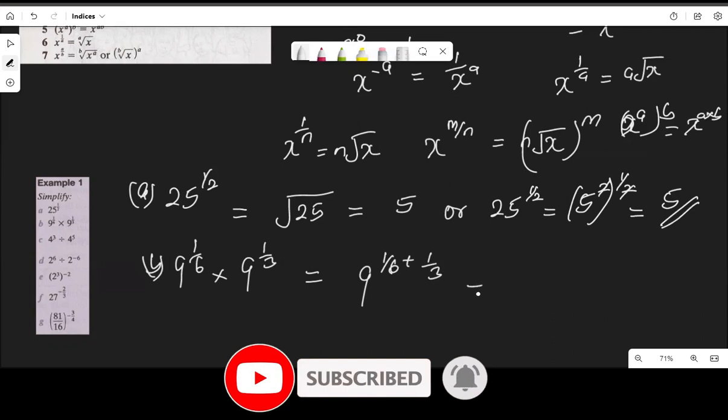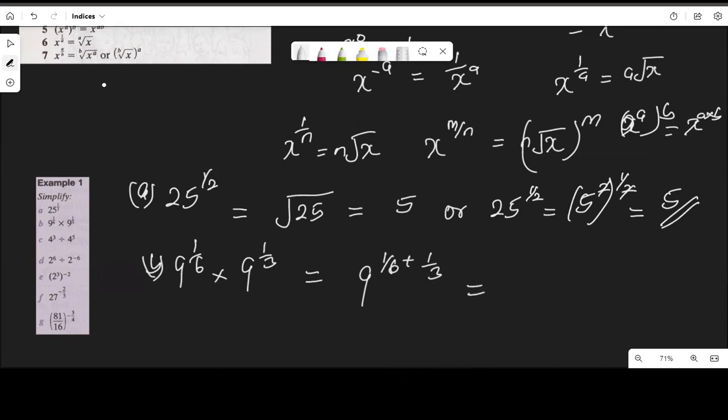Let's solve the fraction here: 1 over 6 plus 1 over 3. The LCM of 6 and 3 is 6. 6 divided by 6 is 1, 1 times 1 is 1. 6 divided by 3 is 2, 1 times 2 is 2. So 1 plus 2 over 6.